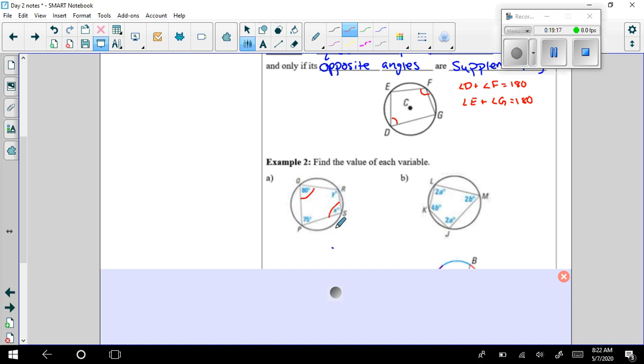But since there's two variables here, x plus 80 is equal to 180. So x equals 100. And we know that y plus 75 is equal to 180. So y equals 105.